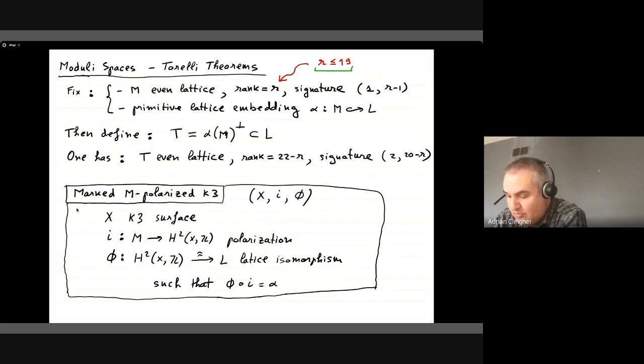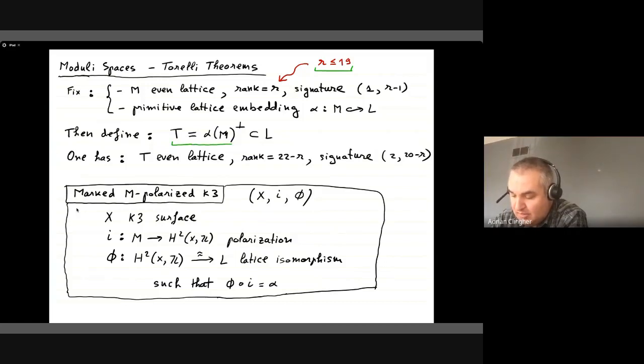So let me go very briefly over the Torelli arguments for constructing moduli spaces of periods. If I fix such a polarizing lattice, according to the definition I had before, so if I fix a capital M even lattice of rank r, which is 19 or lower, and signature (1, r-1), and if I take a primitive lattice embedding into the K3 lattice L, then I can always take the orthogonal complement of the image.